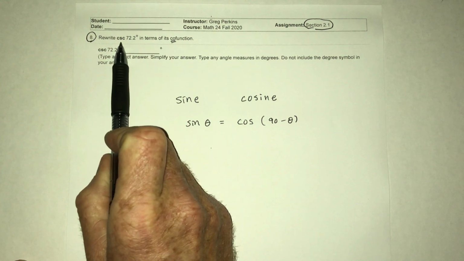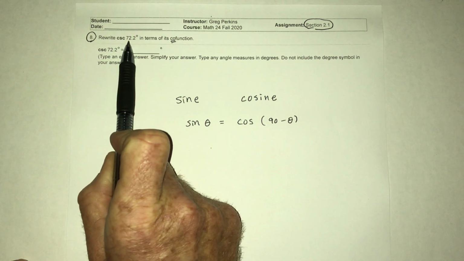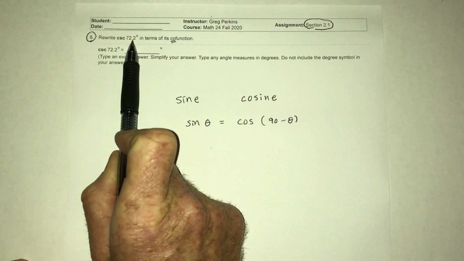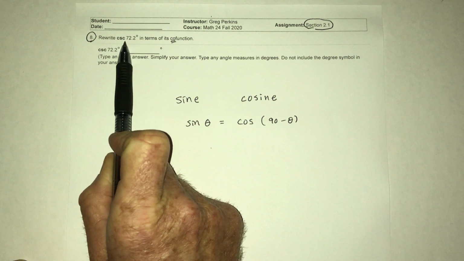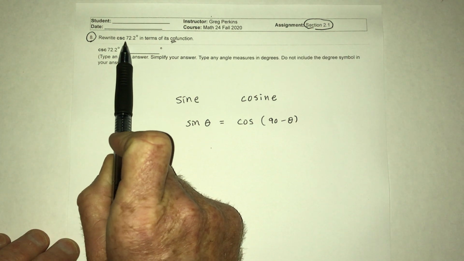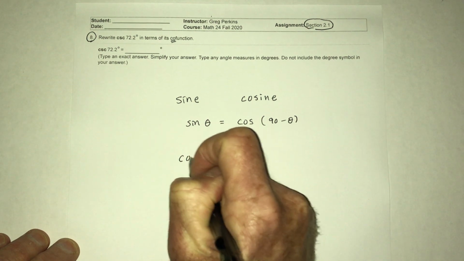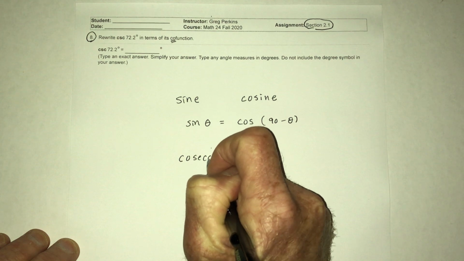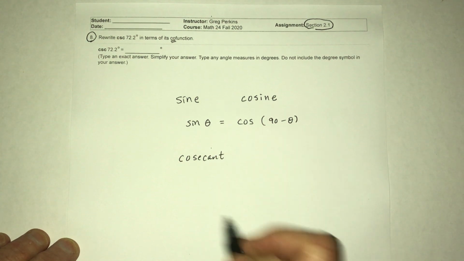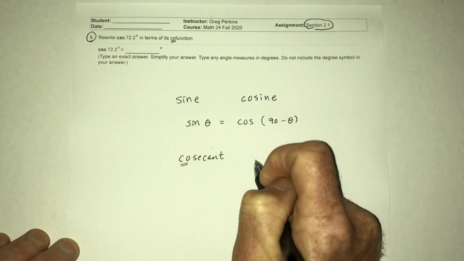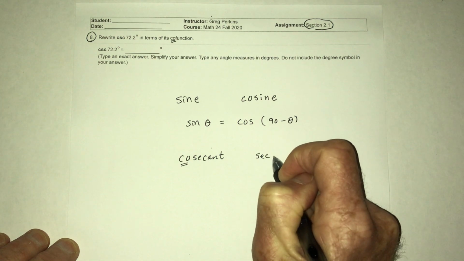Now specifically for this one, and of course they change this part every time you open the question, so yours probably doesn't look exactly like this, but it's very similar. So for this one, it's cosecant, and so that means its cofunction would just be secant.